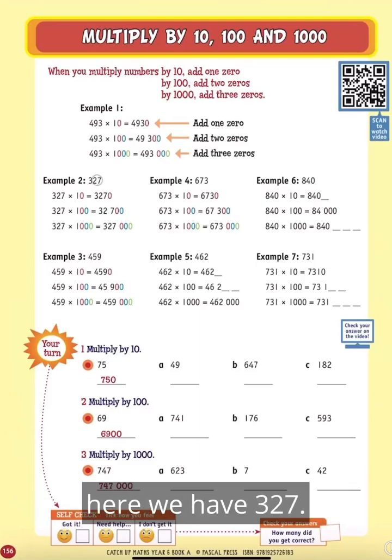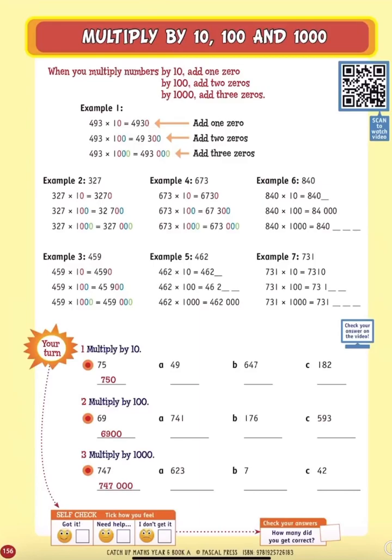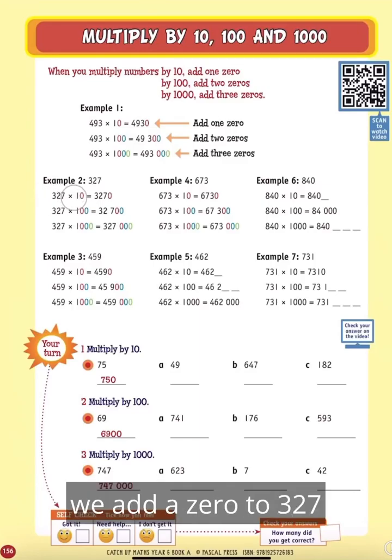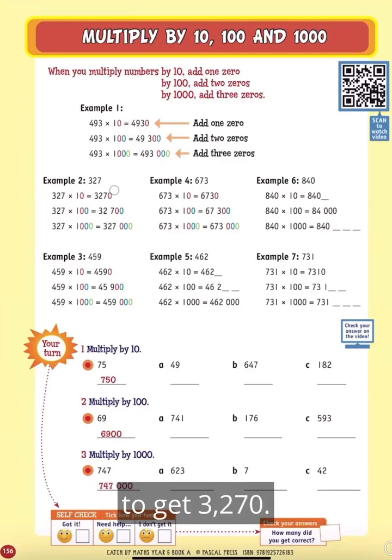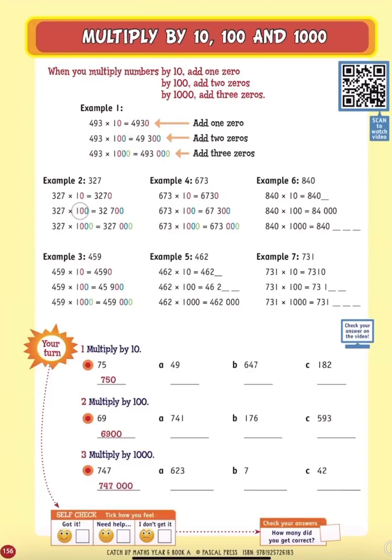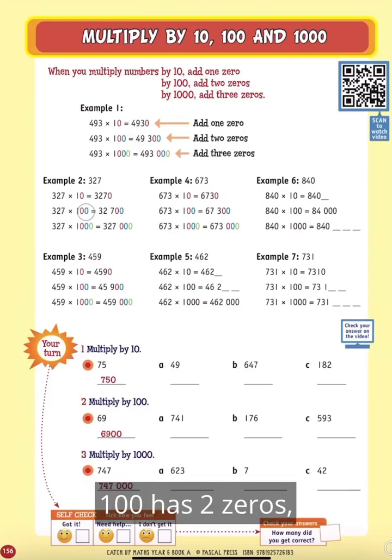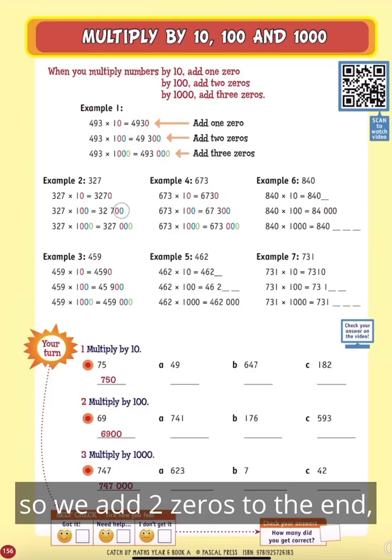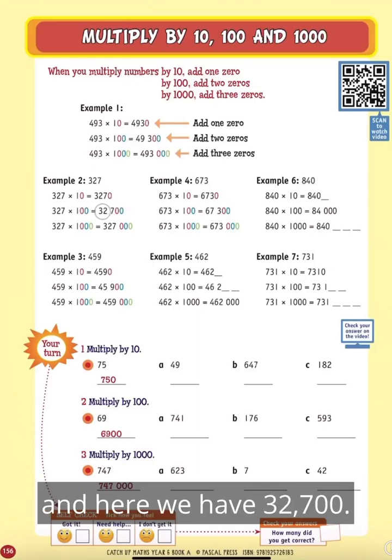Here we have 327. 327 times 10. We add a 0 to 327 to get 3,270. Then we have 327 times 100. 100 has 2 zeros, so we add 2 zeros to the end, and here we have 32,700.